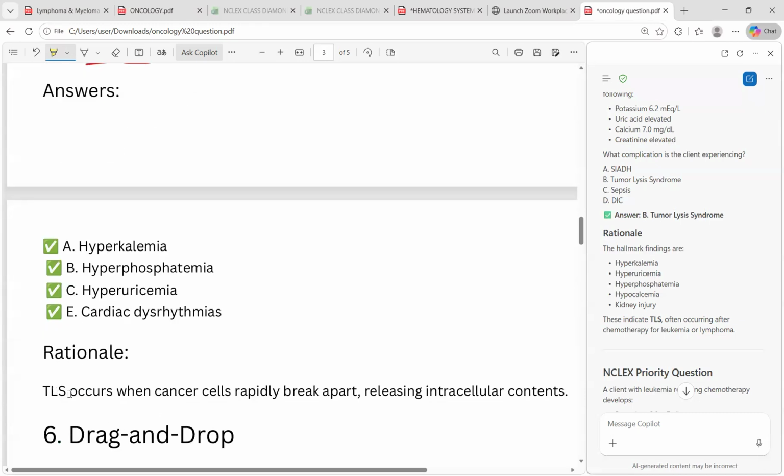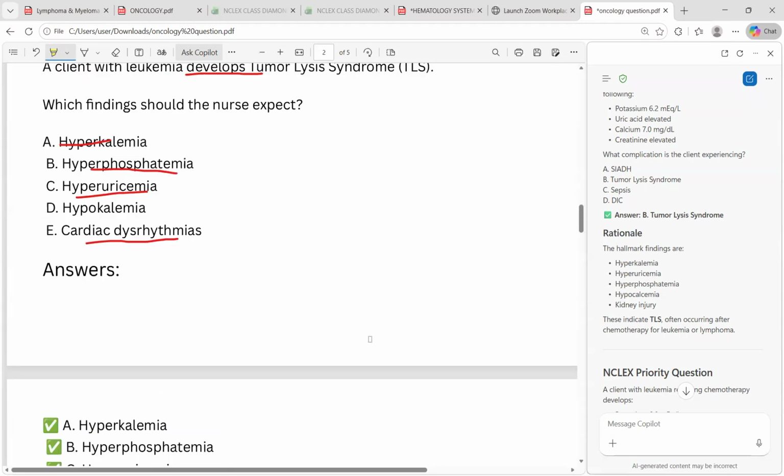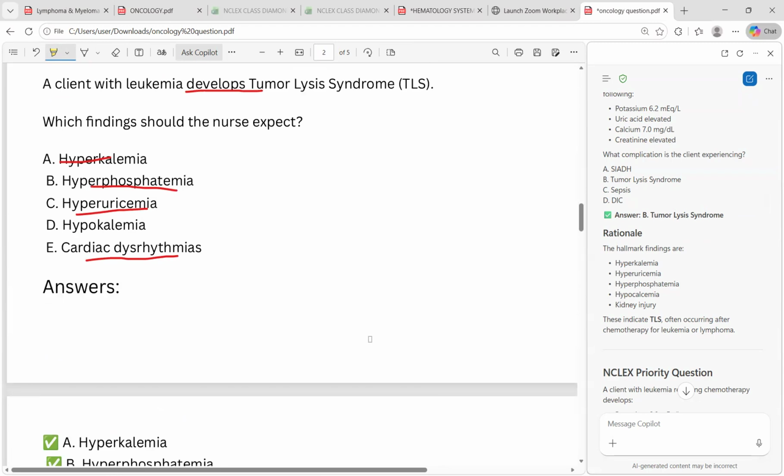Why? Because when the tumor cells are rapidly breaking down, the cellular content is transported into the bloodstream, and it can lead to hyperkalemia, hyperphosphatemia, and hyperuricemia.